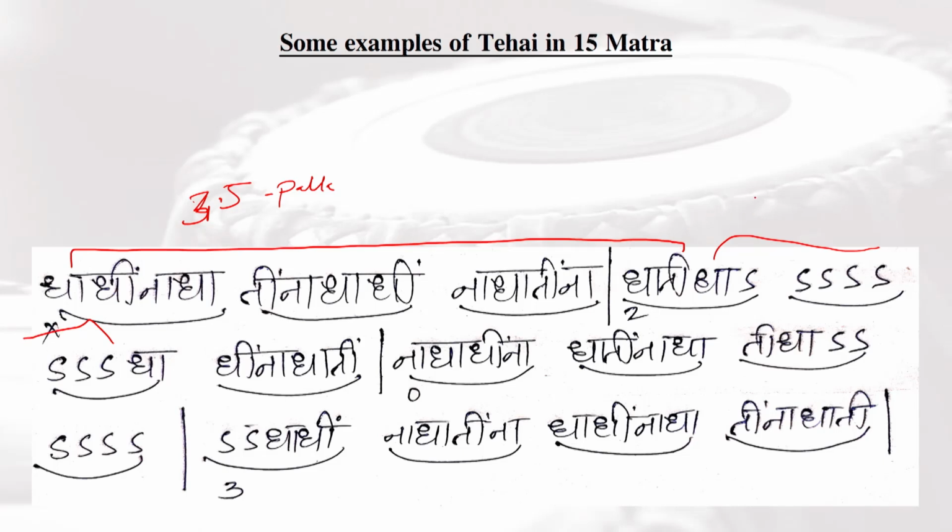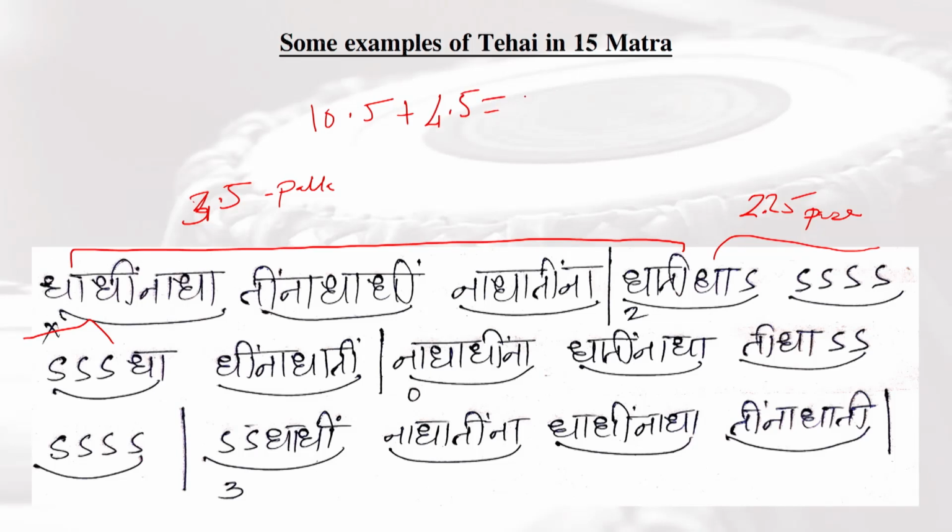That means we have a 2.25 matra pause. So the structure will be 10.5, that is 3.5 into 3, plus 2.25 into 2, so that becomes 4.5.